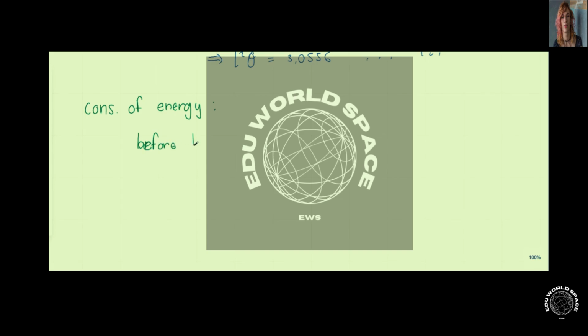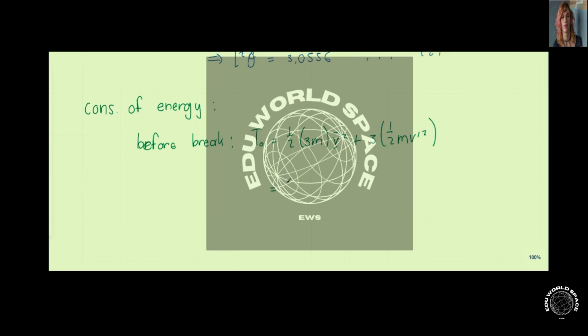Initially, before the break, we have kinetic energy T naught, which is equal to a half times the total mass of the system, 3m, times the speed of the center, v bar squared, plus 3 times the individual contributions from each ball, a half m v prime squared.